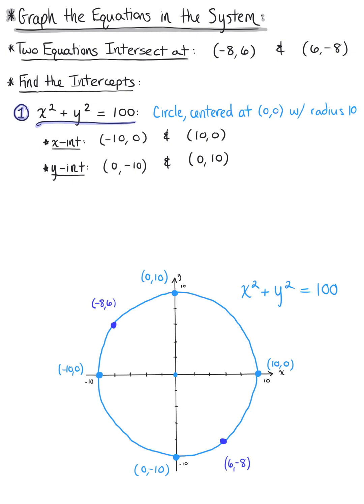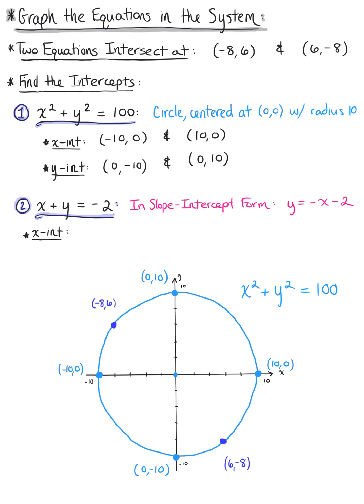Now let's do the same thing for the equation of the line, x plus y equals -2. Or using our slope-intercept form, y is equal to -x minus 2. So for the x-intercept, if we let y equal 0 and solve for x, we see that we have x equals -2, or the ordered pair -2, 0.